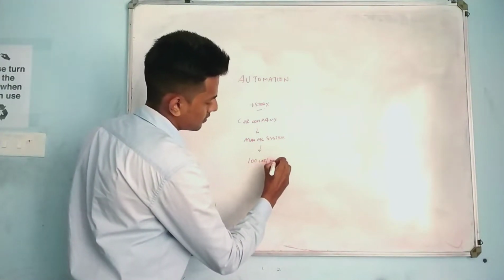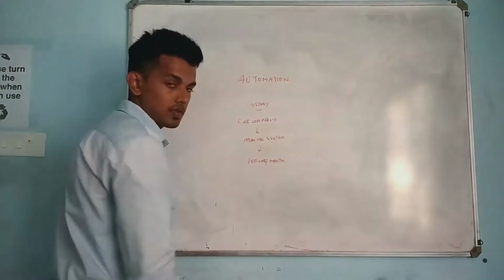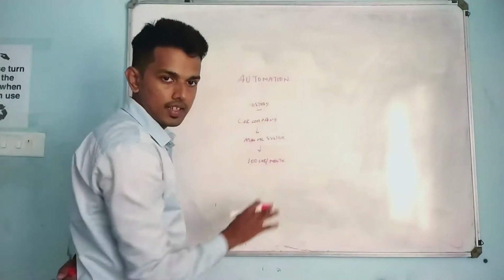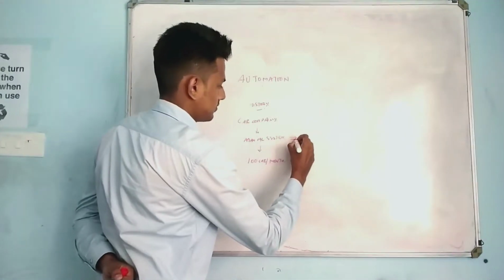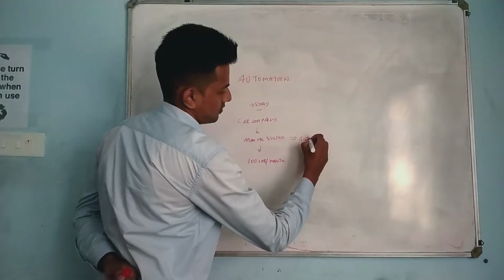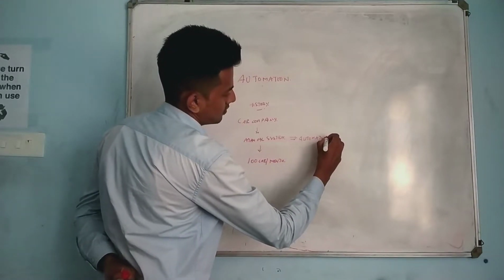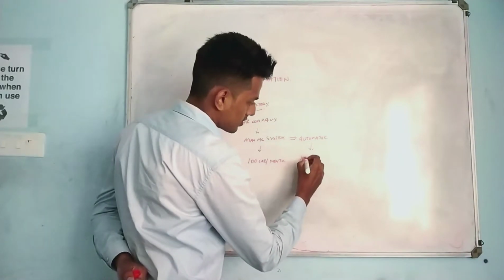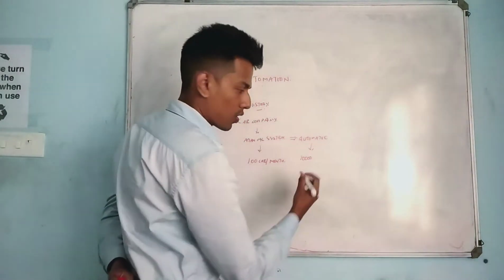cars per month was made. When changed to an automatic system, there might be thousands or maybe lakhs.